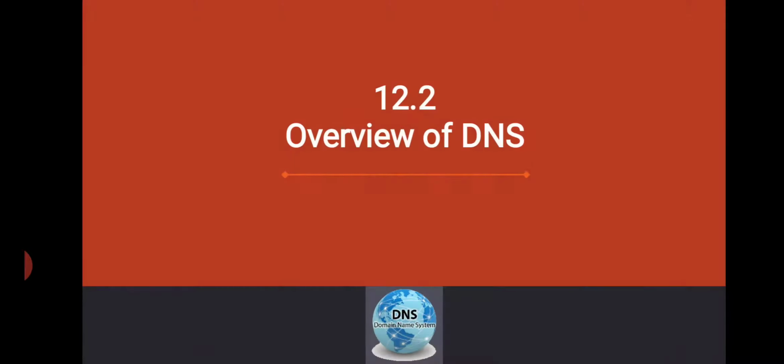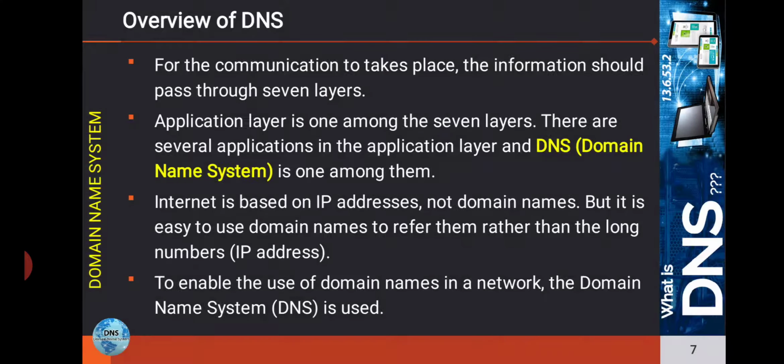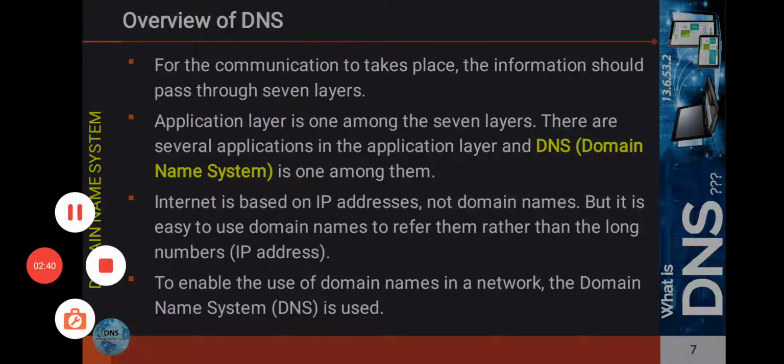Then what is the overview of DNS? For communication to take place, the information should be passed through 7 layers. I think you all know about those 7 layers, and among them the first one is the application layer.